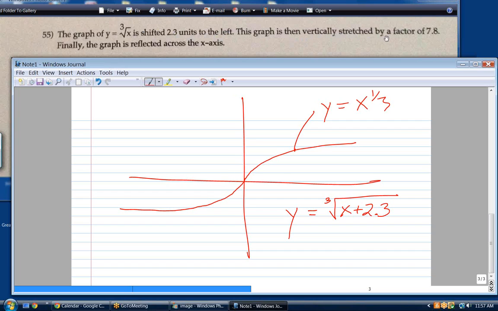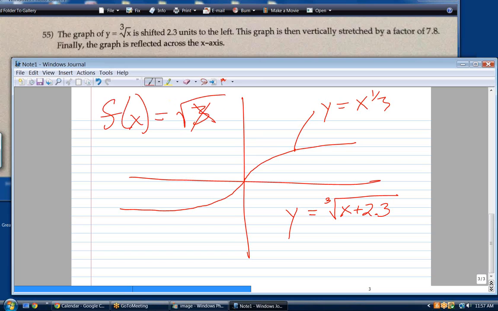Then the graph is vertically stretched by a factor of 7.8. What do I need to do there? Does the 7.8 go in front of the x, or in front of the radical sign? Is it with the x? No. Vertical stretches, shrinks, and shifts are all outside the function. In other words, this is the function.